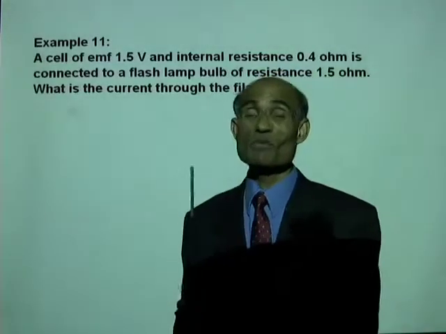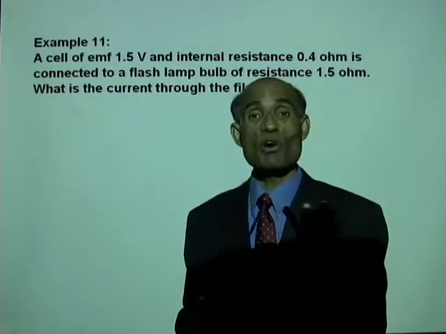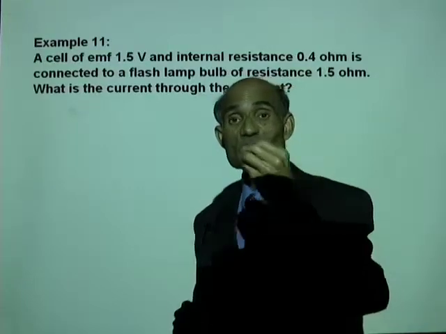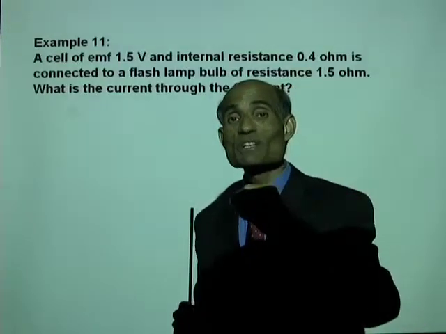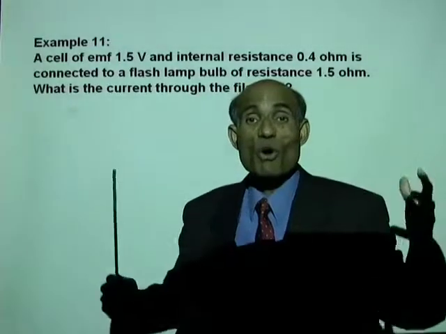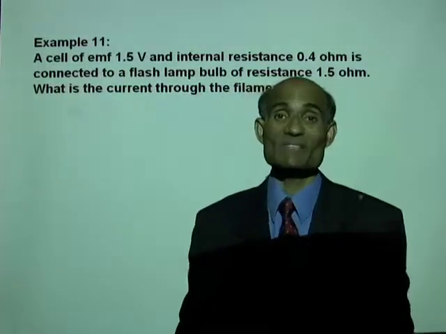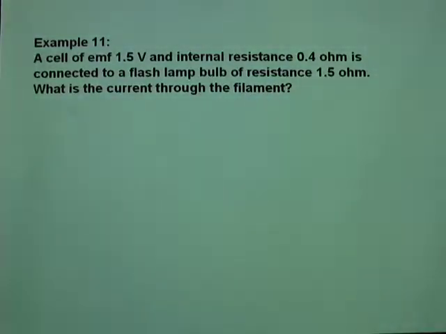Now, if you remember, we had developed equations for the external circuit, the internal circuit, and the whole internal plus external. Do you remember those equations? The equation for the external circuit is V equal to IR.